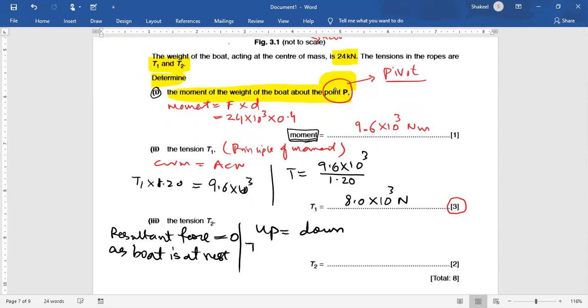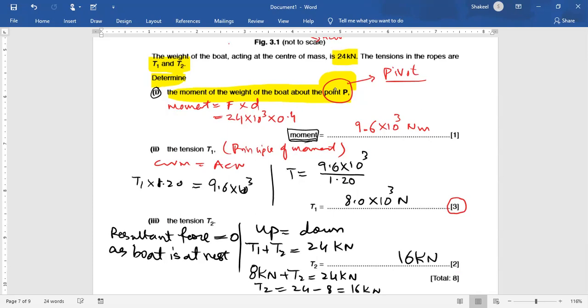So upward forces are T1 and T2, and downward force is the weight, which is 24 kilonewton. But you have just calculated T1, which is 8 kilonewton. And then you can find T2 by subtracting these two, 24 minus 8. So that will be 16 kilonewton. So T2 is 16 kilonewton.